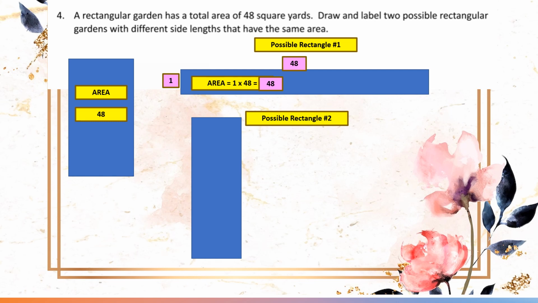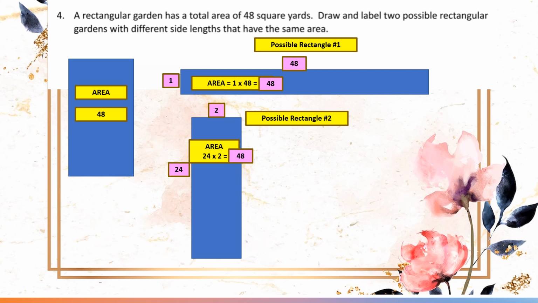All right, so 24 times 2 is 48 also. So now I have my second rectangle. 24 is the length, 2 is the width, and the area is still 48. So I have my 2 possible rectangular gardens with different side lengths that have the same area.